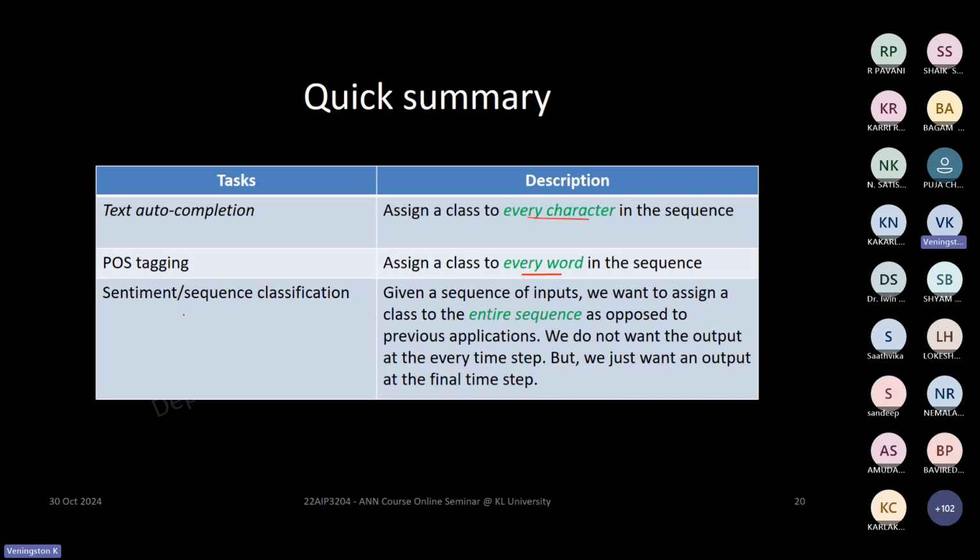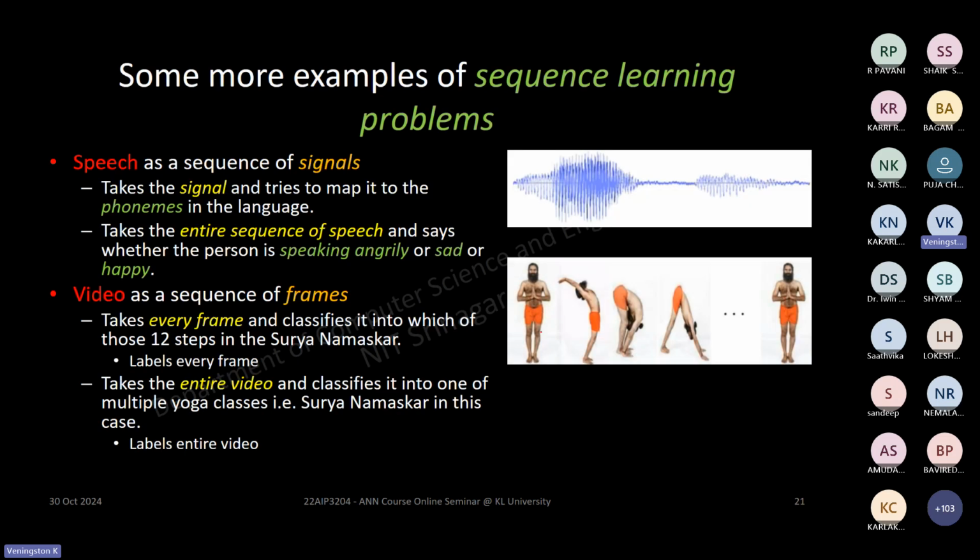And in case of the sentiment classification task, we just assign a class to the entire sentence or the entire sequence of words. Okay, but all of them are sequential in nature. All of them require a neural network that has the capability to learn some sequence that is present in the input instance, because a sentence or a word in any language follows some sequence, right?